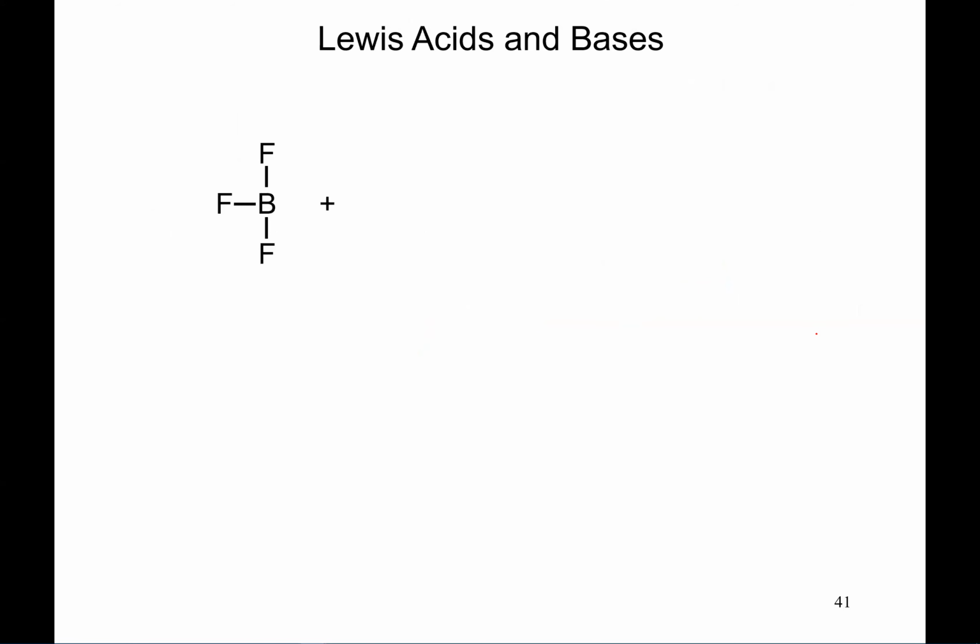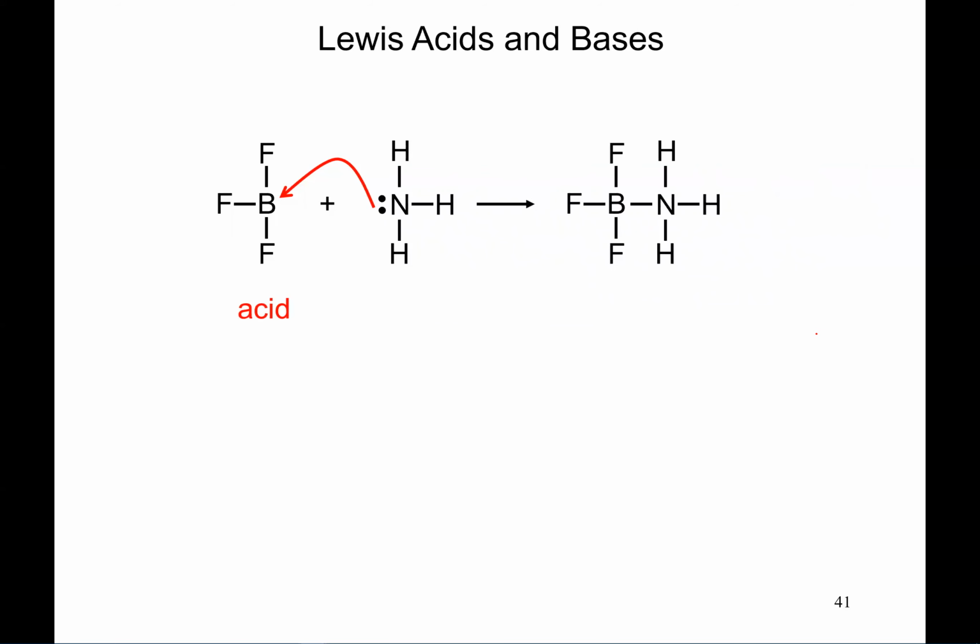Lewis acids and bases like there. Here are some more examples of Lewis acids and bases. This is the acid because it accepts the electron pair. This is the base because it gives them up. This is the donor. This is the acceptor.